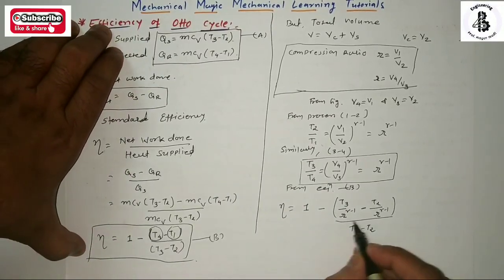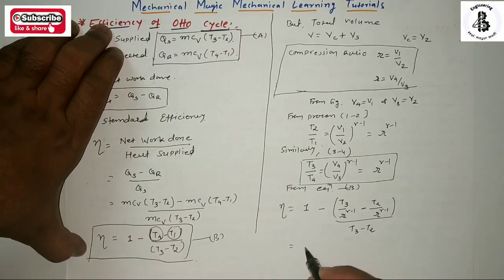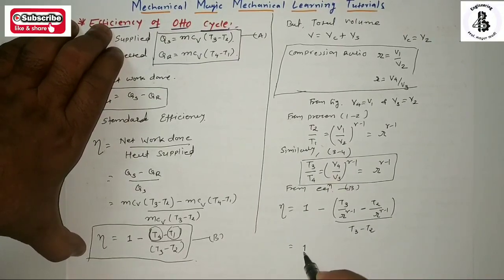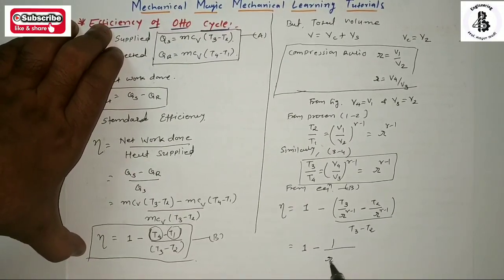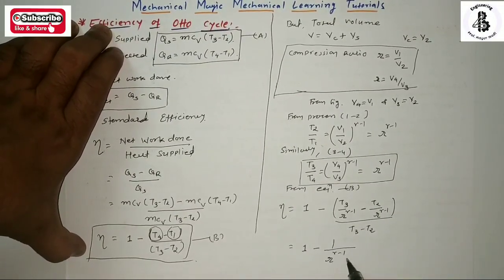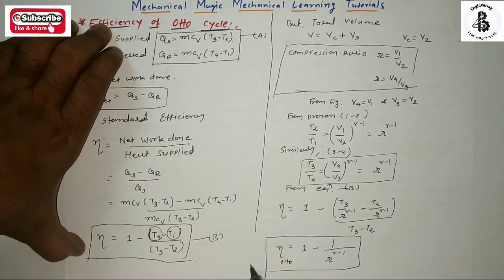T3 minus T2 is common and cancels out. Finally you get 1 minus 1 upon R raised to gamma minus 1. That is the efficiency of an Otto cycle.